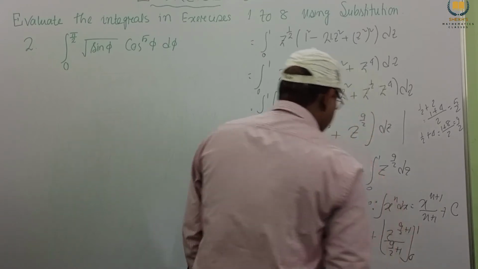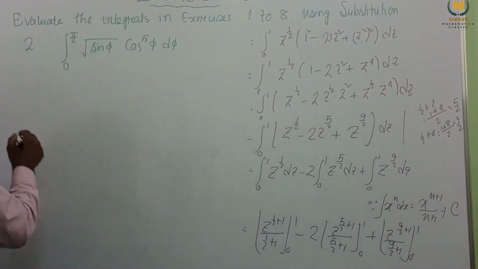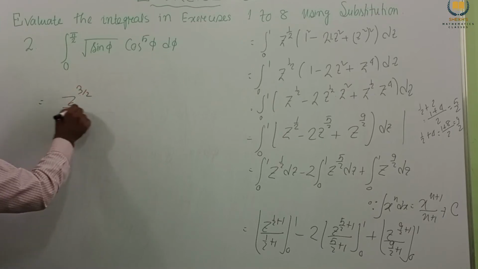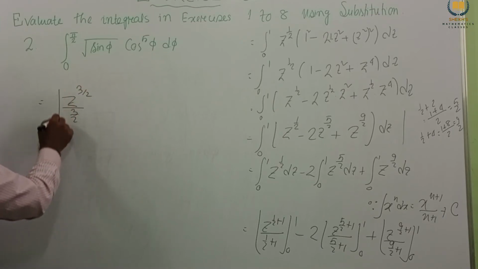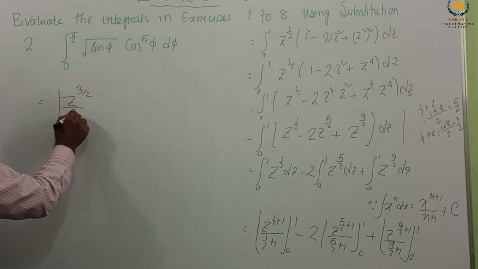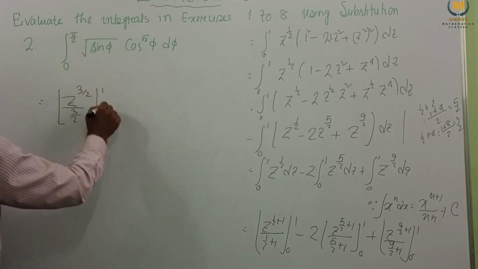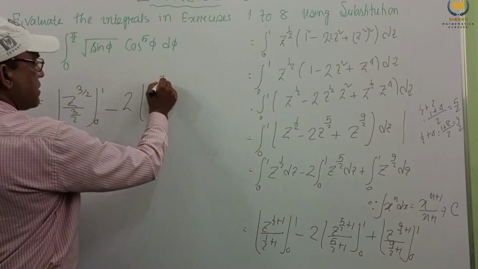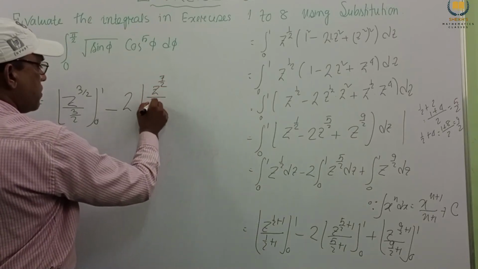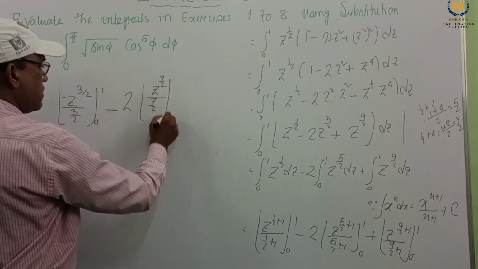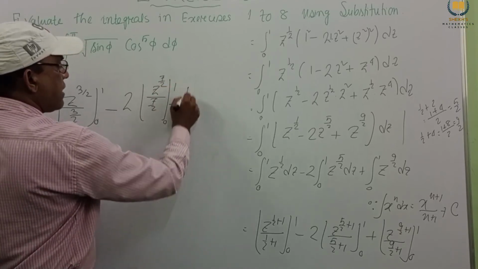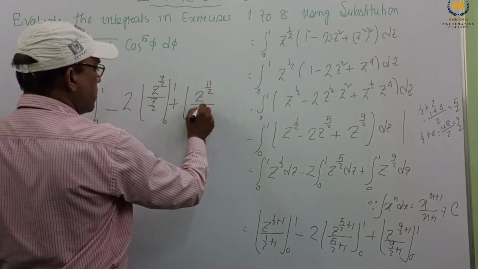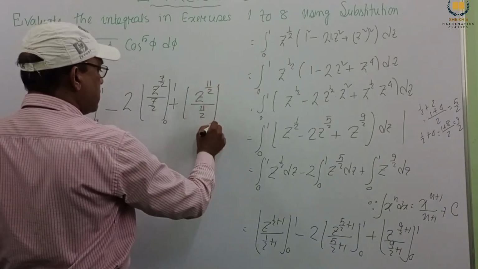0 to 1, and this value will be z to the power 3 by 2 by 3 by 2, 0 to 1, minus 2 z to the power 7 by 2 by 7 by 2, 0 to 1, and z to the power 11 by 2 by 11 by 2, 0 to 1.